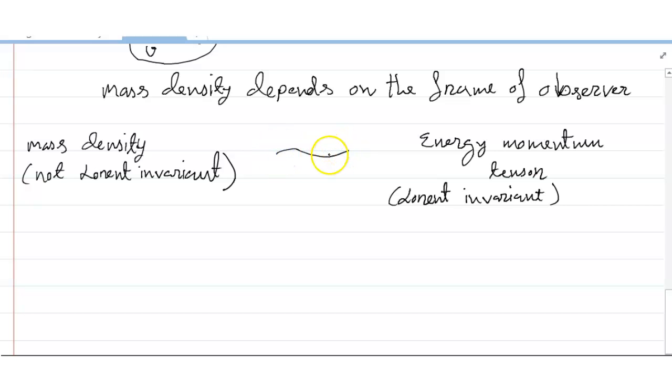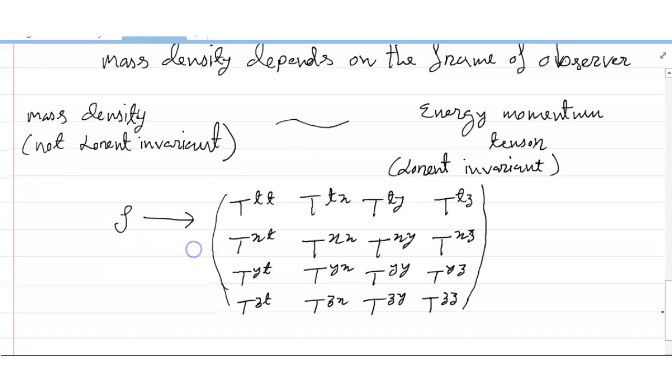It turns out that we can generalize the mass density to a tensor called the energy momentum tensor, which is agreed on by all reference frames in special and general relativity. The energy momentum tensor T is the flux of energy momentum through space time.